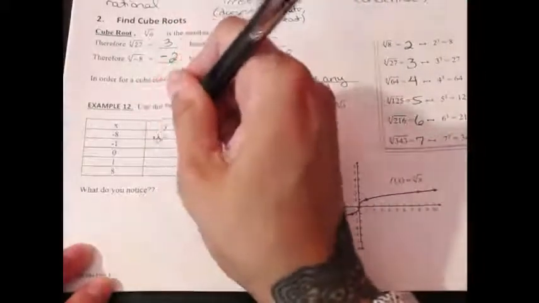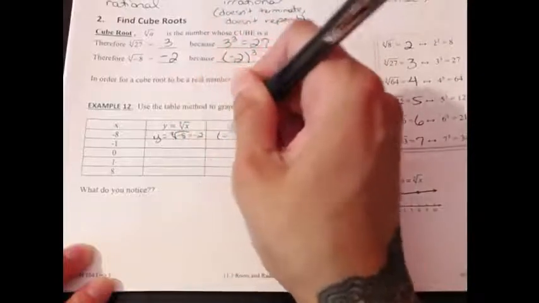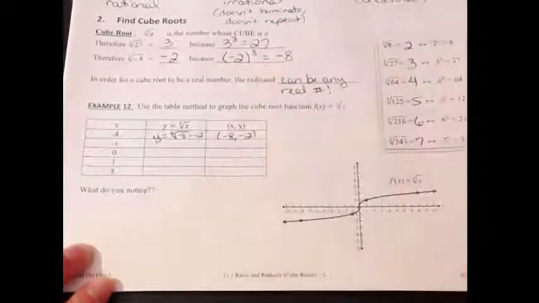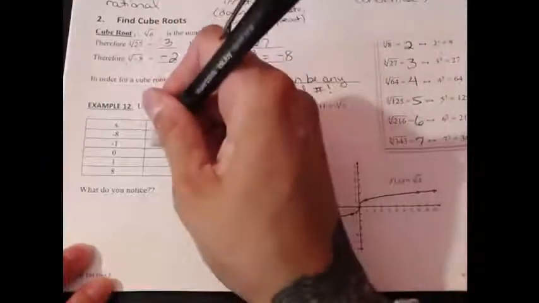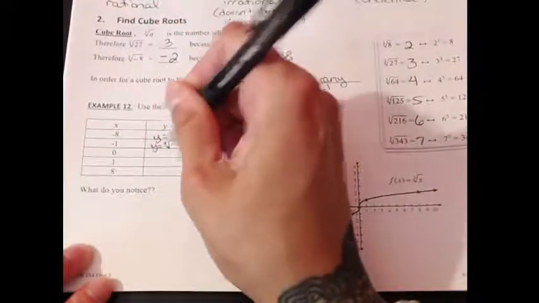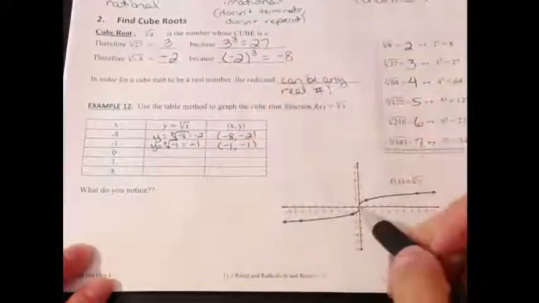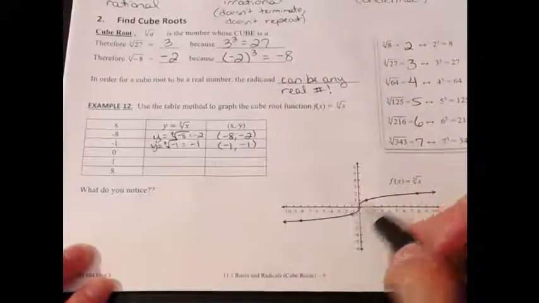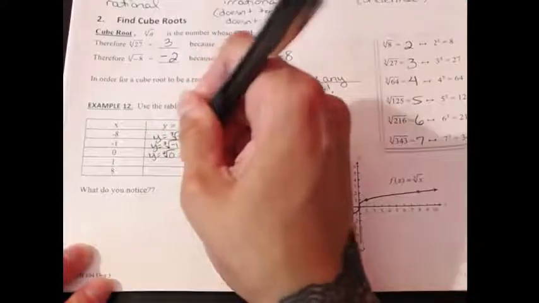So we have y is equal to the cube root of negative 8, which is negative 2. So our first point here, we have negative 8 comma negative 2. Let's continue. We have y is equal to the cube root of negative 1, which is a negative 1. So we have the ordered pair, negative 1, negative 1. Here's my point. Y is equal to the cube root of 0, which is simply 0.